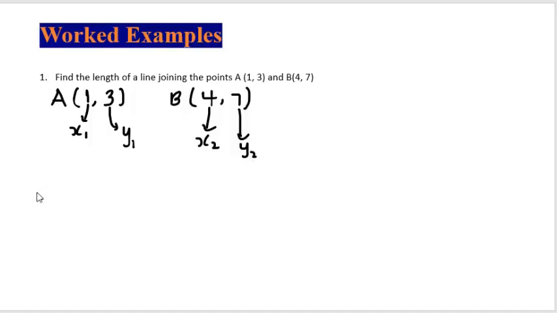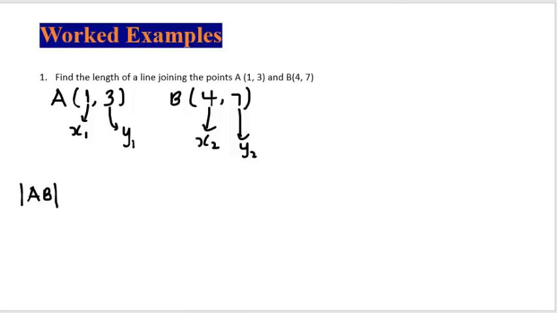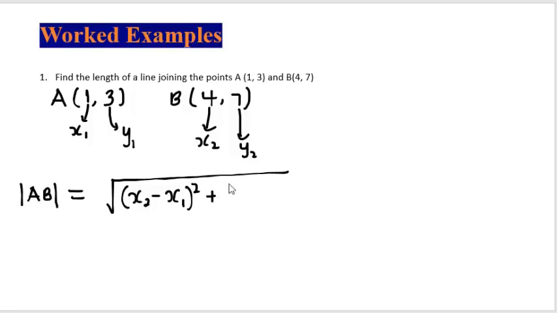So using our formula, the distance AB, and we said it is given by the square root of x2 minus x1 all squared plus y2 minus y1 all squared.